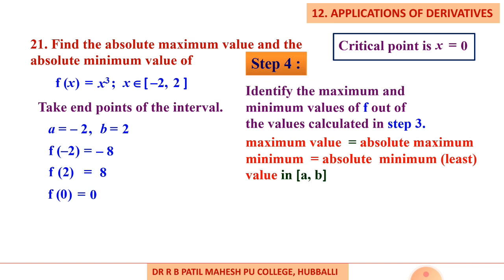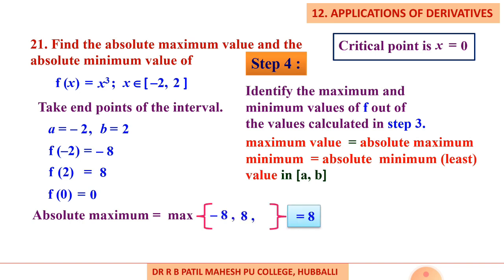Now here by using these three values you have to find out which one is the maximum and minimum value. So your absolute maximum is the max of minus 8, 8 and 0. Directly you can write that the absolute maximum value is plus 8, and the absolute minimum value is the minimum of all three values given.